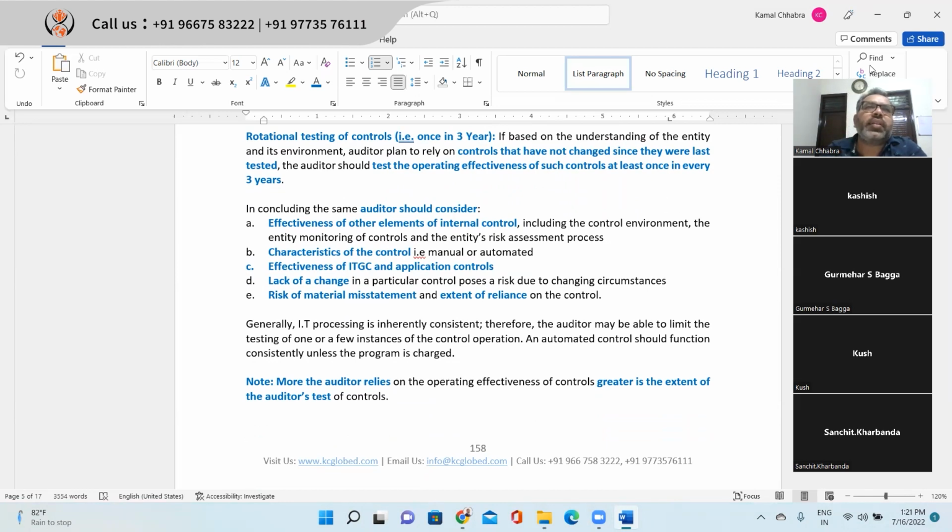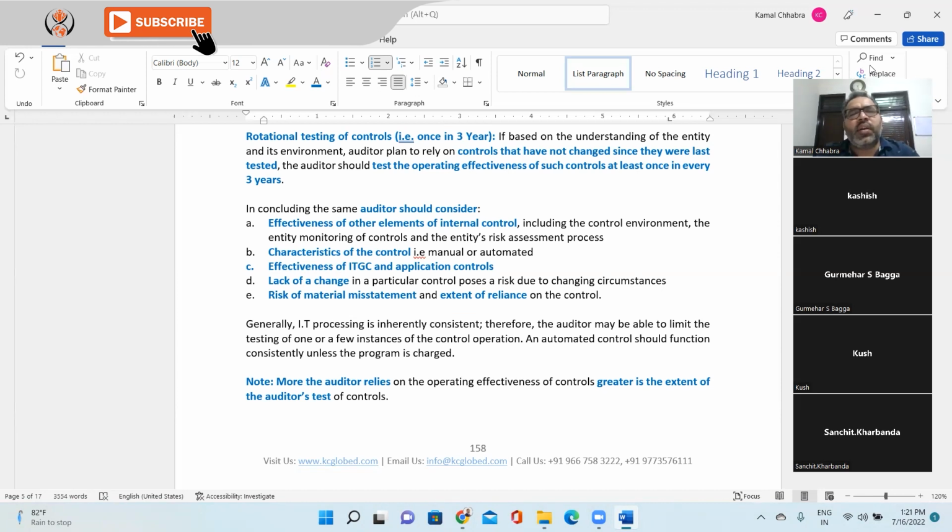Out of which certain areas are considered low risk, like payroll or routine expenditure related controls. And there is no change: whatever the process was in the previous year is the same in the current year, and the same person is the control owner.